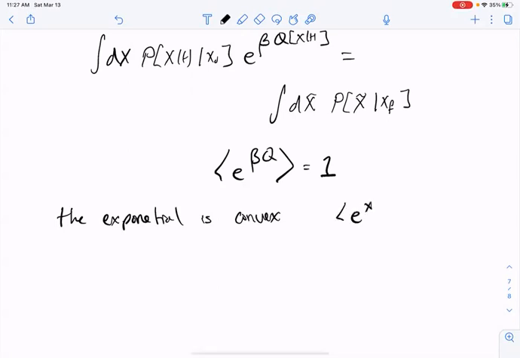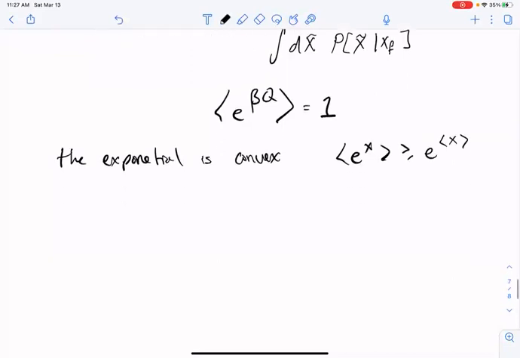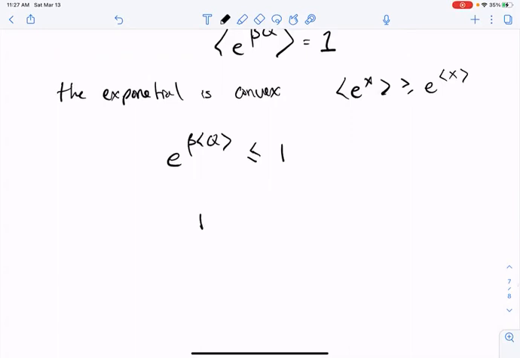So e to the x averaged is always greater than or equal to e to the average of x, which means that e to the beta average of q is less than or equal to 1, or that minus q is greater than or equal, taking the log of both sides, to 0.